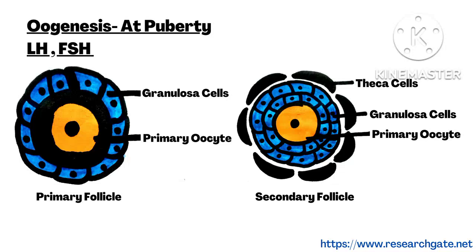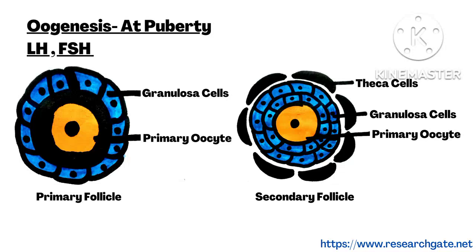From birth till puberty, no significant growth or division will be seen in the primary follicles. But as soon as puberty hits, under the influence of the hormones LH, luteinizing hormone, and FSH, or follicle stimulating hormone.